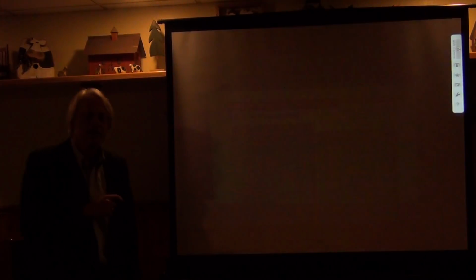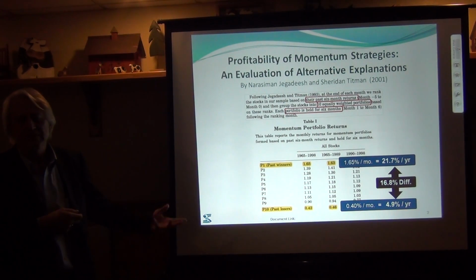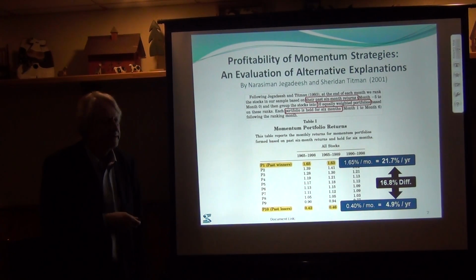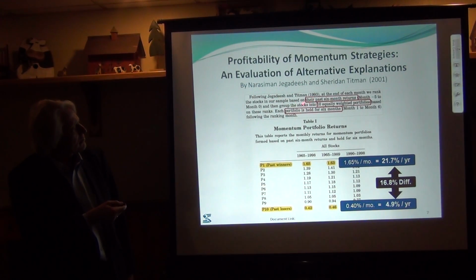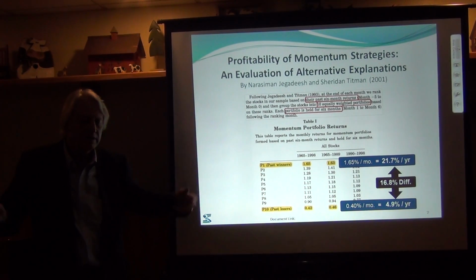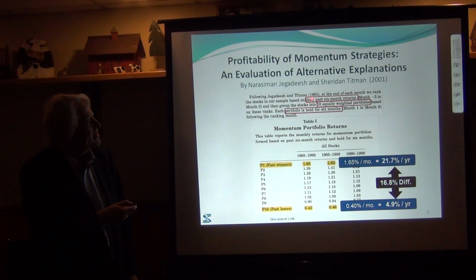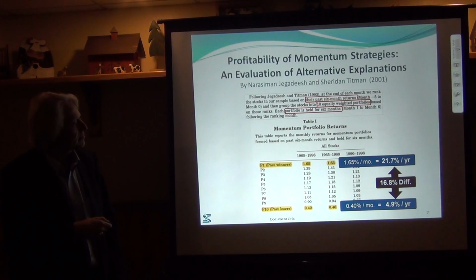Next slide, please. Even in academia, this is a very important document for me, a paper by Jegadeesh and Titman. In summary, they studied all the stocks in the stock market, and their methodology was you take the past 6 months return, create 10 equally weighted portfolios, and hold each portfolio for 6 months.